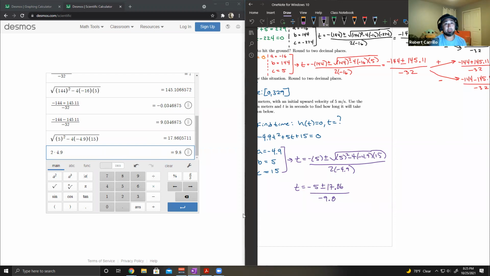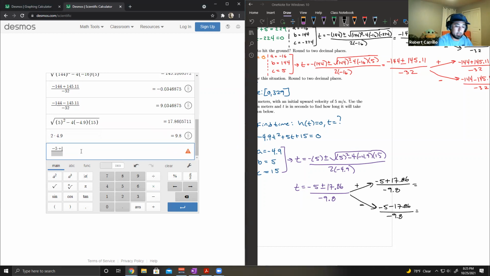Now the two routes. You have the plus route and the minus route. Negative 5 plus 17.86 over negative 9.8, and negative 5 minus 17.86 over negative 9.8. Let's see what we got.